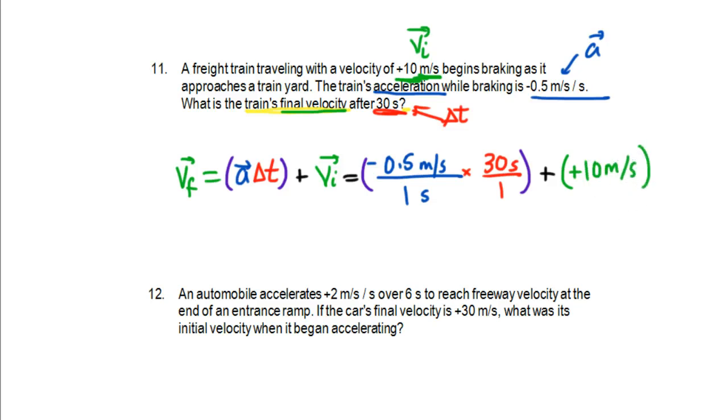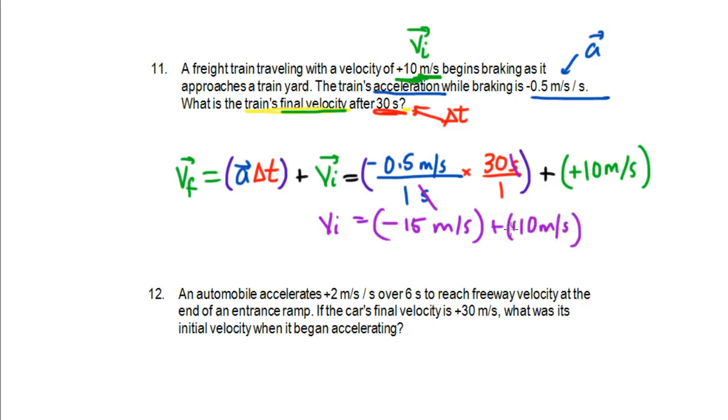Okay. And so at this point, let's look at what we have here. We can see that seconds are going to cancel here. So we know that v sub f is going to equal negative 0.5 meters per second squared times 30. Basically half of 30 is 15, and it's a negative, so it's going to be negative 15 meters per second plus 10 meters per second.